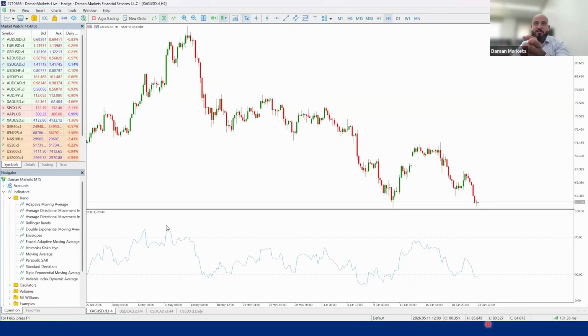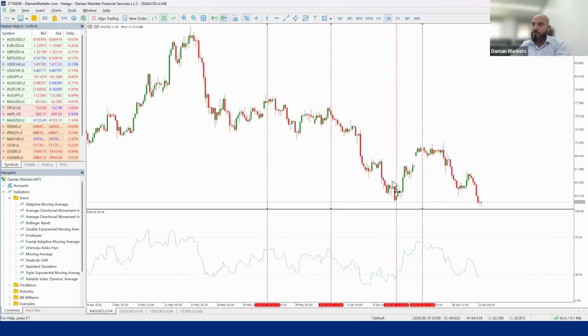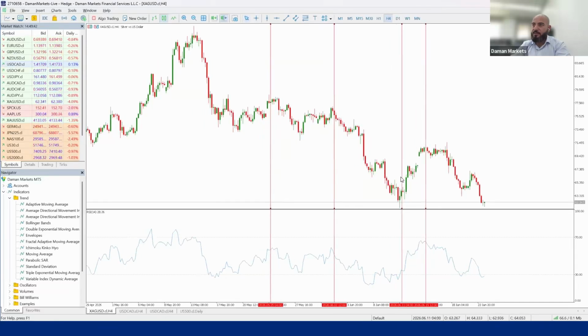When it comes to the oscillator itself, here I have a top. We always compare price and momentum at the same horizontal level. So when I'm comparing this top here, I'm always looking at the momentum and the price along the same horizontal level.